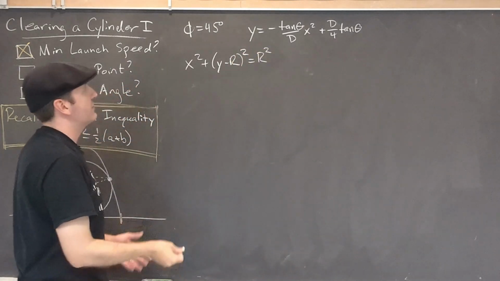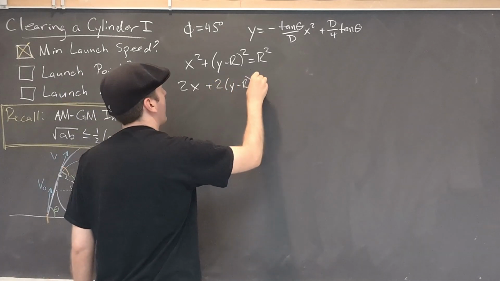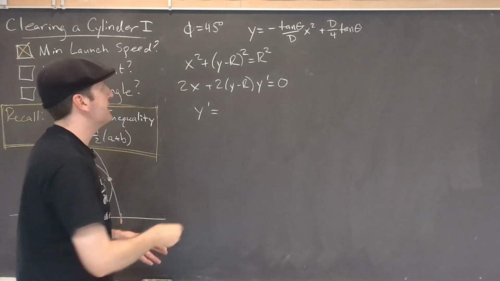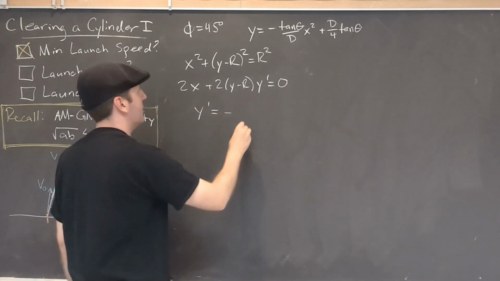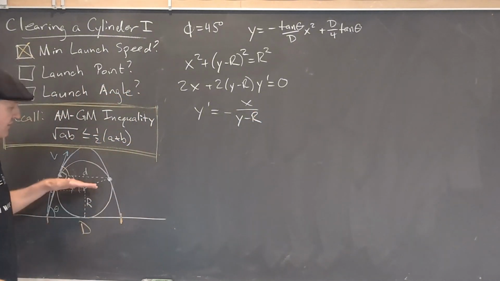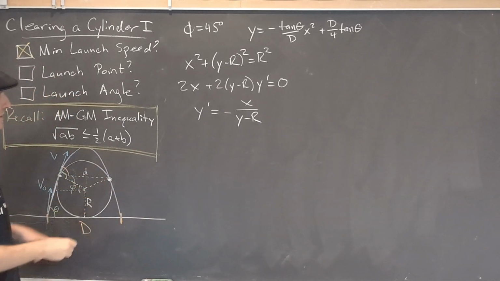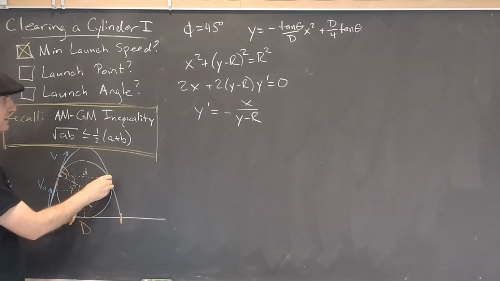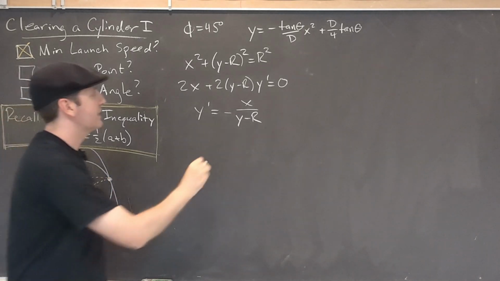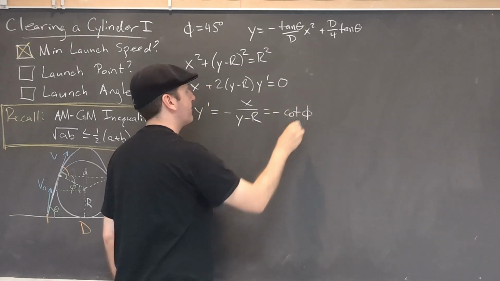If I use implicit differentiation to take the derivative of both sides, I can find that y prime is going to be negative, the 2's cancel out, x over y. Now here, since I've shifted the circle up by a distance r, it's y minus r. The important thing to recognize, though, is this x coordinate divided by this y coordinate is exactly cotangent of the angle phi.